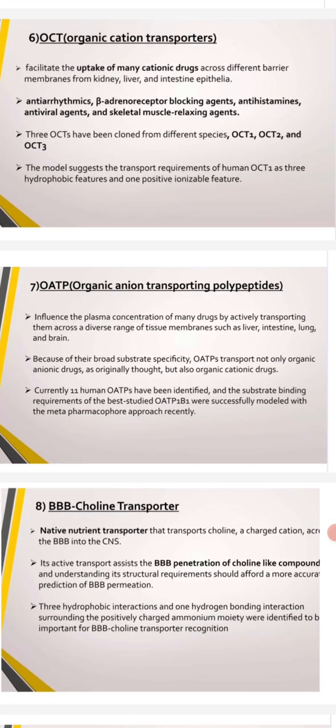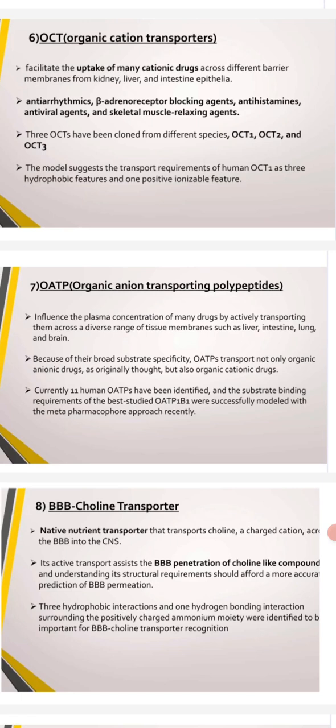Next, the seventh one, OATP, organic anion transporting polypeptides, influence the plasma concentration of many drugs by actively transporting them across a diverse range of tissue membranes such as liver, intestine, lung, and brain.